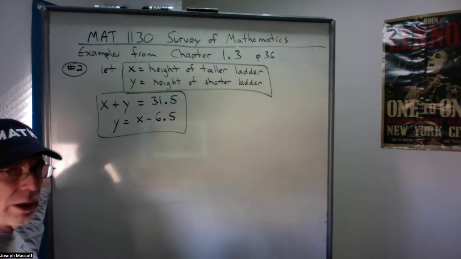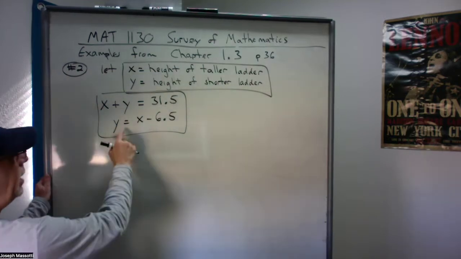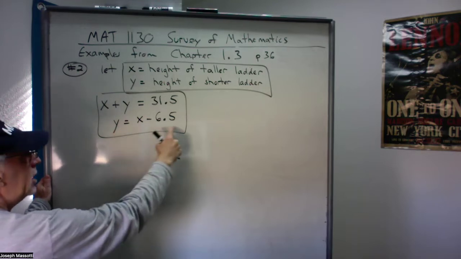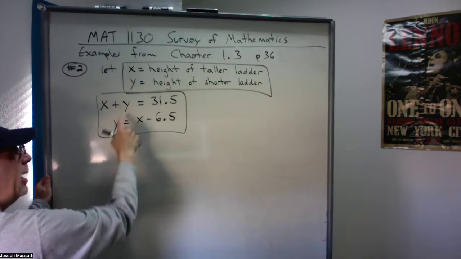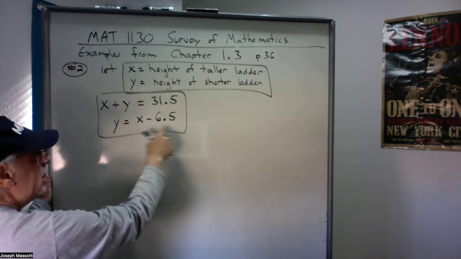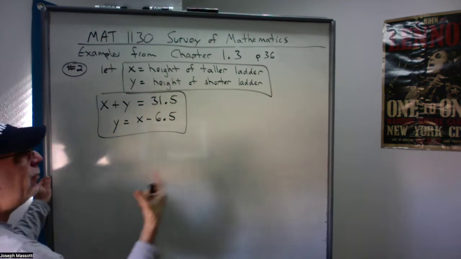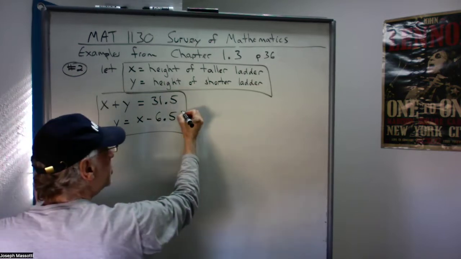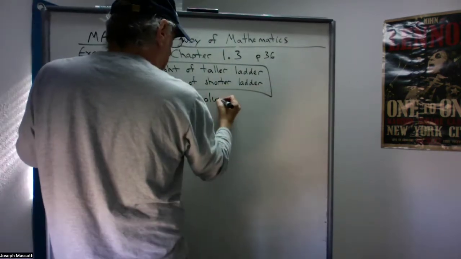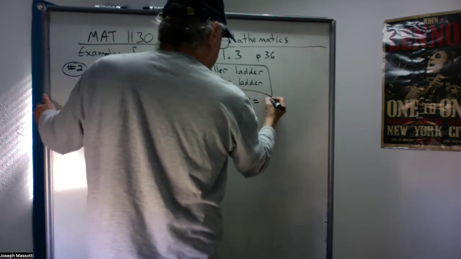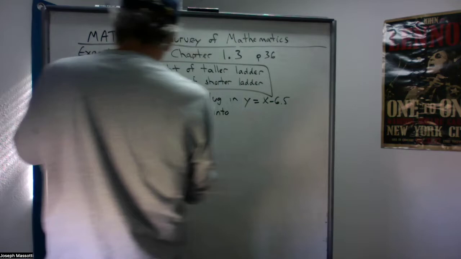Now, my goal here is to form one equation with one unknown. And so I can do that by using this expression for y in this equation. Right? I know that y equals this, so I can put this in for y here, and then I'm only going to have one unknown in the equation. So I'm going to plug the y value into equation 1.